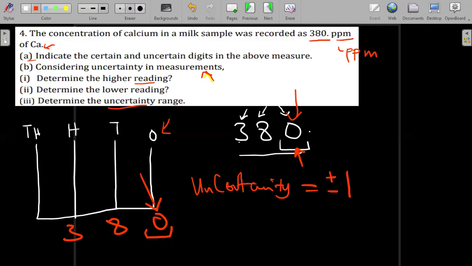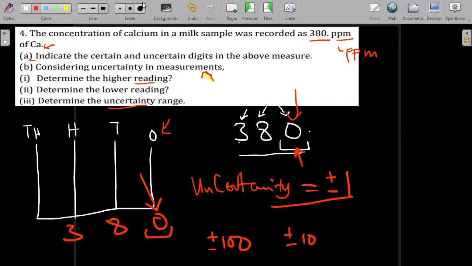If your uncertain digit was in the tens, your uncertainty will be plus or minus 10. If your uncertain digit is in the hundreds, your uncertainty will be plus or minus 100. So that's how it works, in case you didn't know. So this is the uncertainty here.